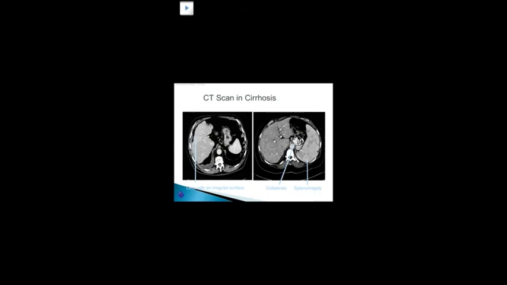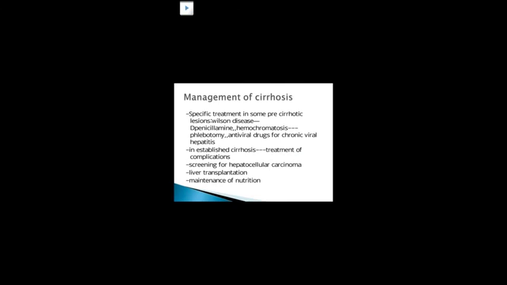CT scan in case of cirrhosis. Finally, liver biopsy is the gold standard, along with the clinical examination, that can help you arrive at a final diagnosis, along with biochemical parameters like thrombocytopenias, altered LFTs, raised ones.